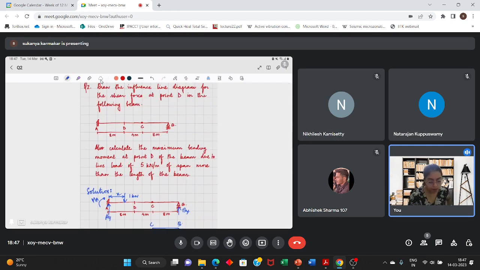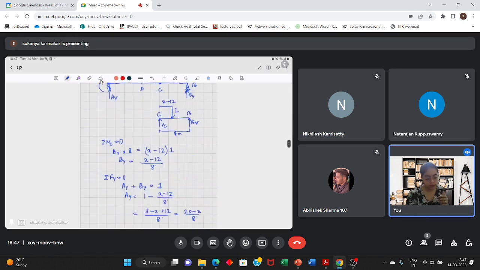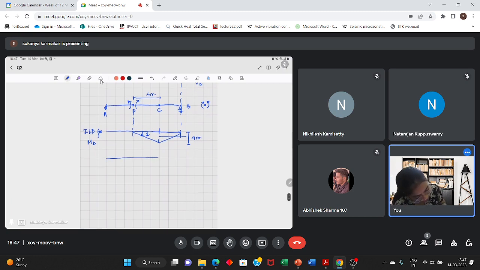Calculate the maximum bending moment at point D of the beam due to live load of 5 kilonewton. And the length of this UDL is more than the length of the beam. So it will cover this entire length, and this is negative. It will cover this entire portion.